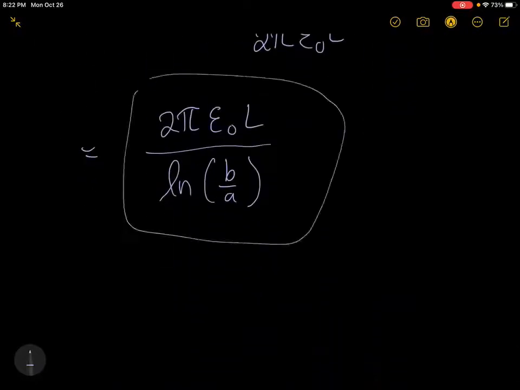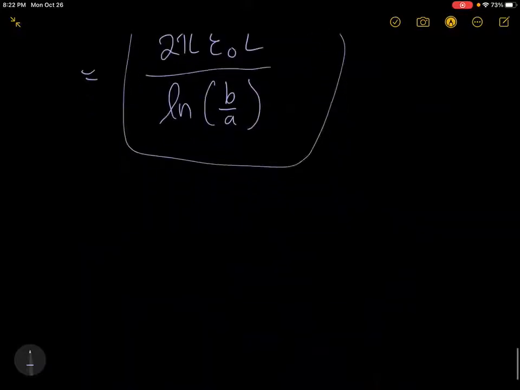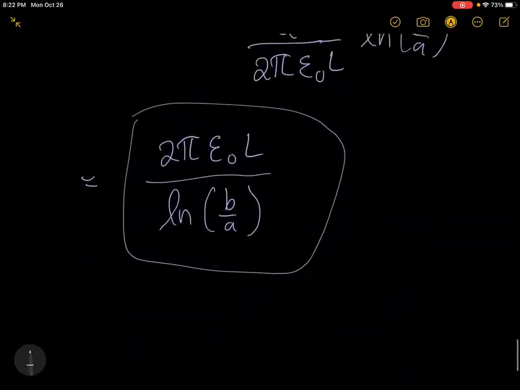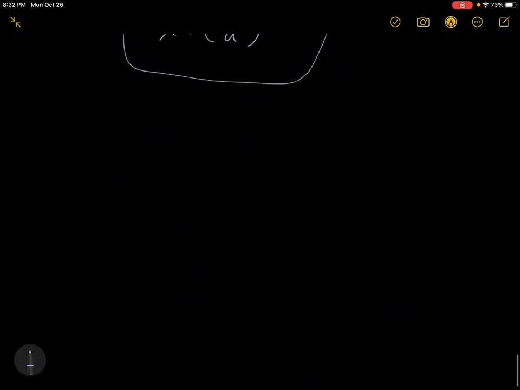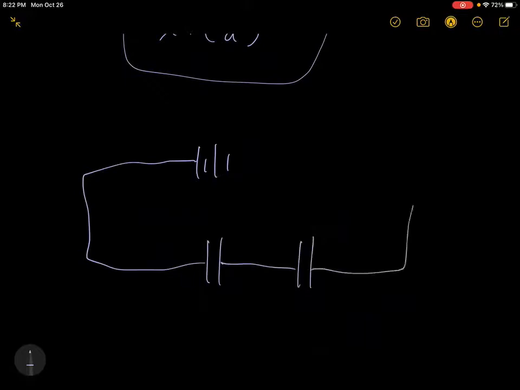Now that that's all good, how exactly do capacitors work in circuits? Let's draw a circuit first of all. It looks like this. Let's say we have a capacitor here, and the current in this case would be going in this direction.